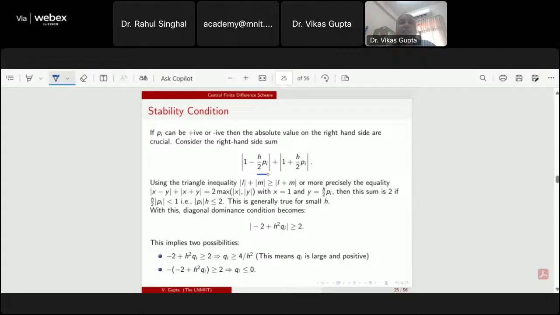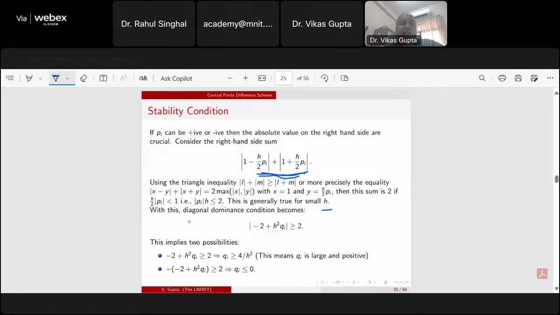So this sum will be equal to 2 if h by 2 mod pi is less than 1, that is mod pi into h less than or equal to 2, or h is less than or equal to 2 upon mod pi. This is generally true for very small h.